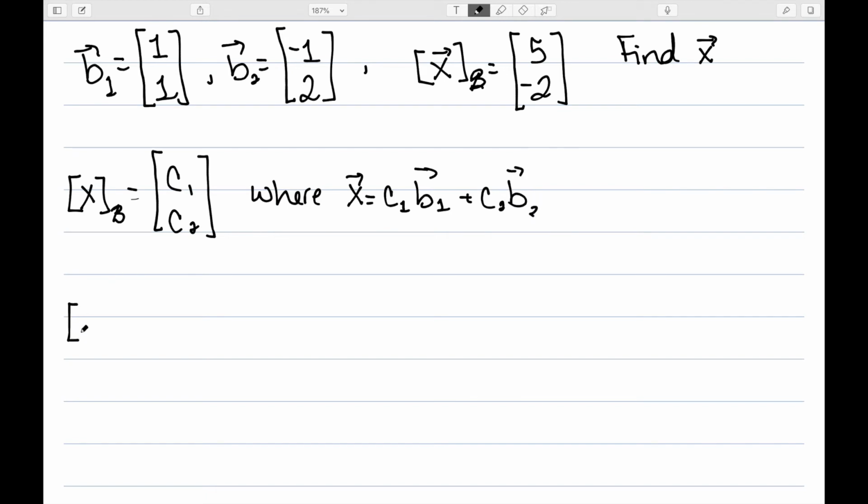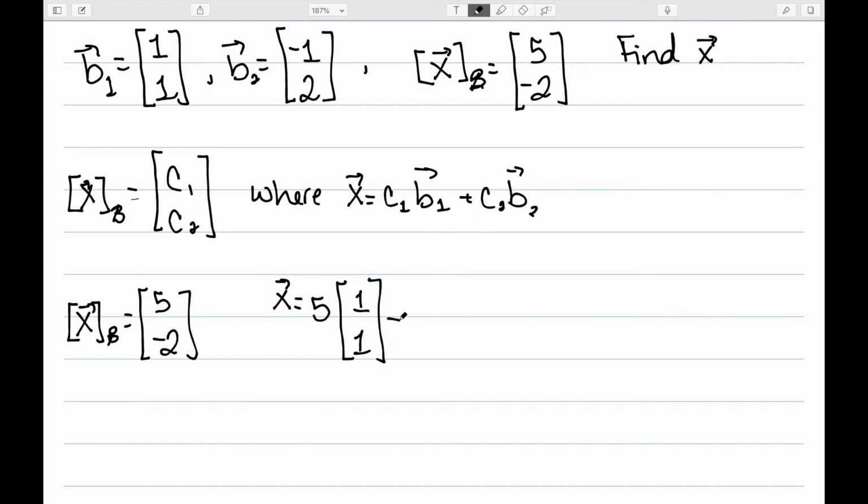Sticking in what we have for this particular problem, we know x sub B is equal to (5, -2). We don't know x. c1 is equal to 5, so I have 5 times b1. c2 is negative 2, so minus 2 times b2. And now from here, we can easily find my value for x. This is 5 plus 2 is 7, and 5 minus 4 is 1. So now I have my value of x.